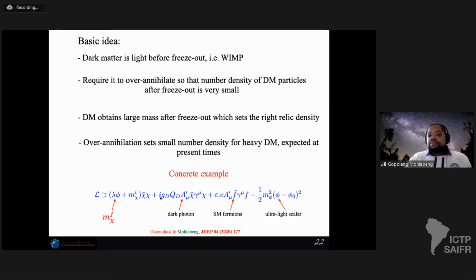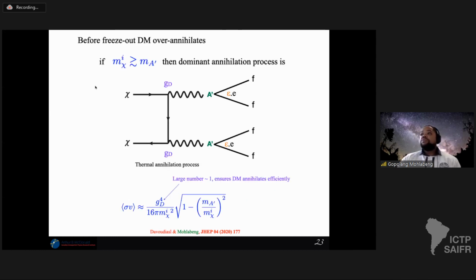One concrete example we considered here was a dark matter coupled to a dark photon that has kinetic mixing. The potential for this ultralight scalar is just a simple potential, and there's a Yukawa type interaction that gives the dark matter its final mass. Before freeze out, we assume that the initial dark matter mass is larger than the mediator mass.